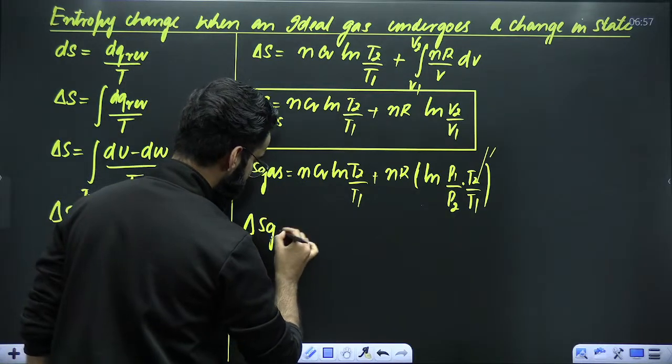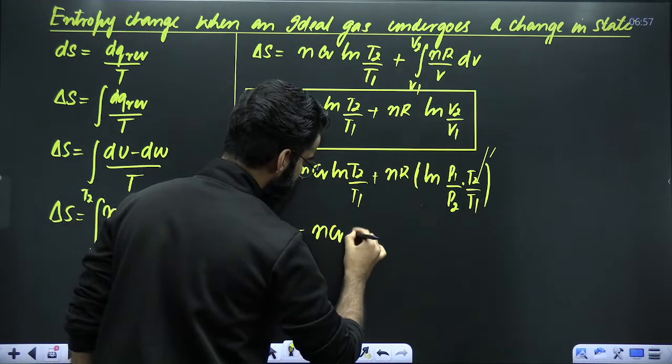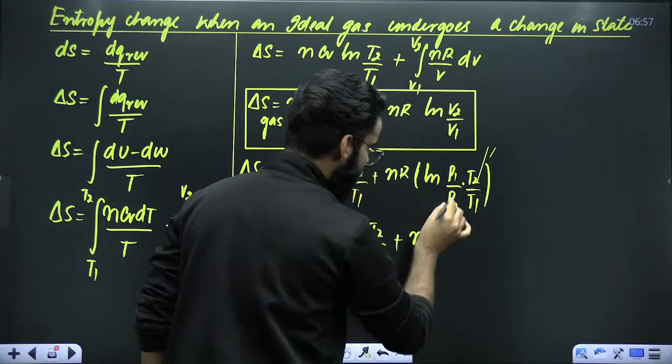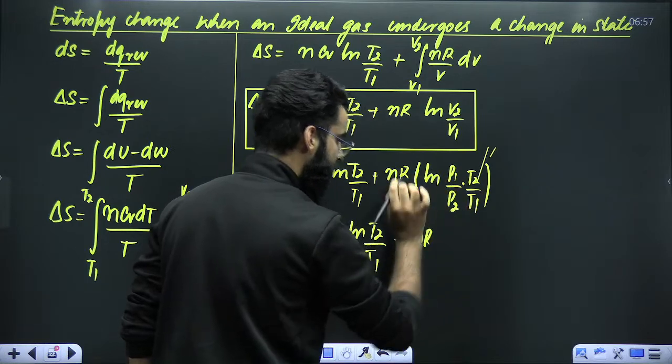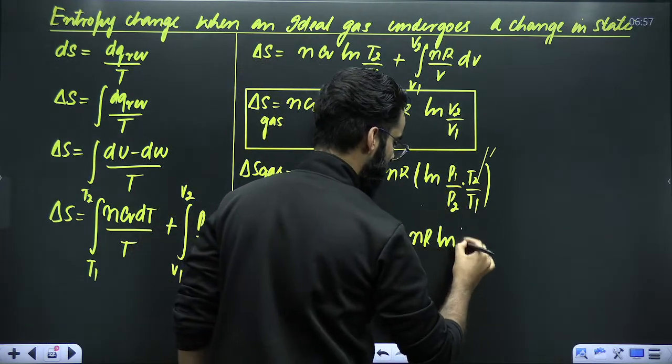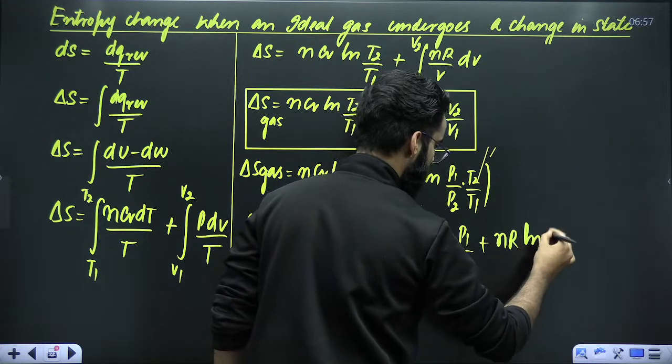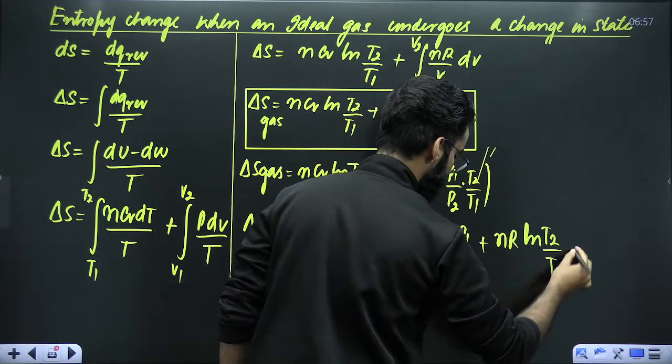So delta S for the gas is equal to nCV ln of T2 divided by T1 plus nR ln of V2 by V1.